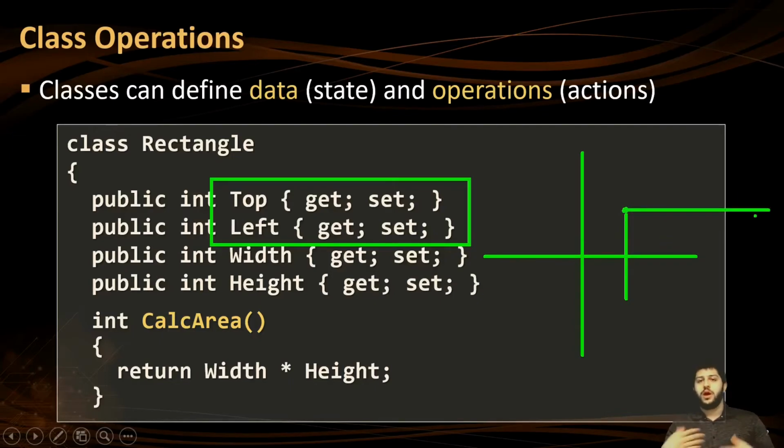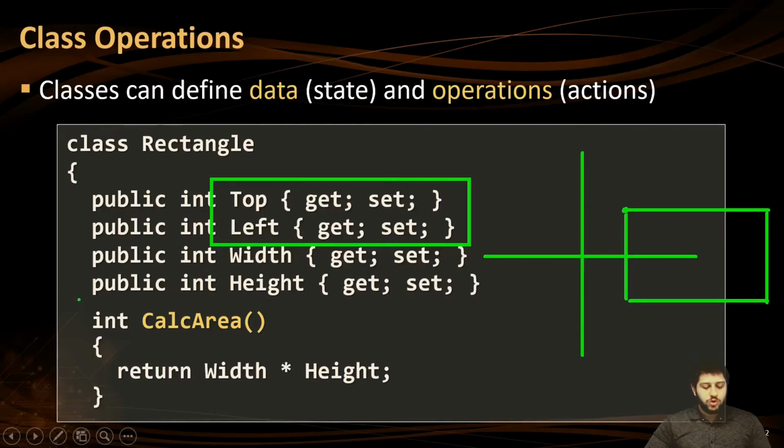This is what a rectangle actually looks like. And this is a completely valid way to represent a rectangle. We basically just need a point and the width and the height. Why? Because we can reconstruct it. We can reconstruct a rectangle from just the top left corner and a width and height.